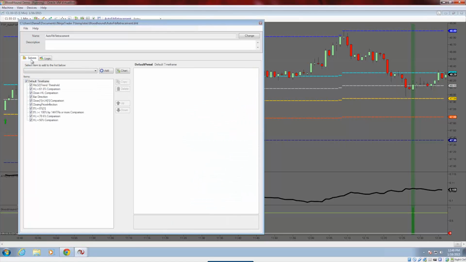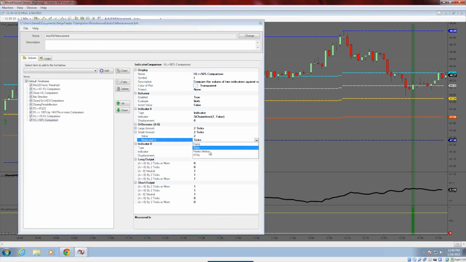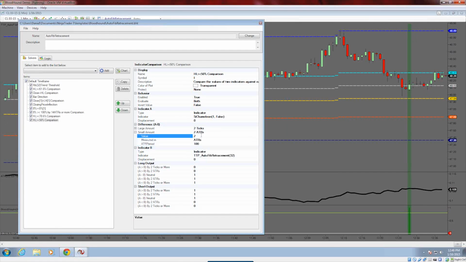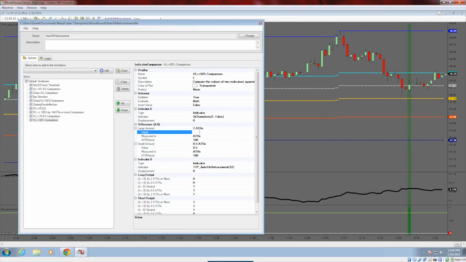Okay, let me change that inside for the 50 as well while I'm doing it here. Okay. 0.5. So see, now we are allowing that signal right there.